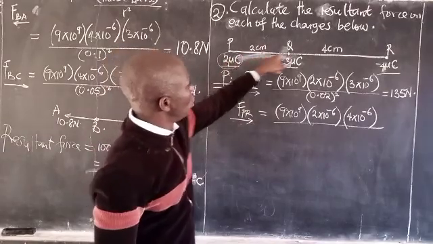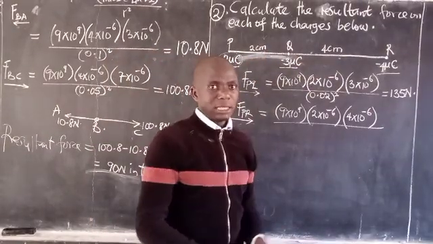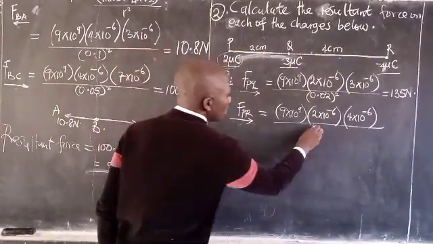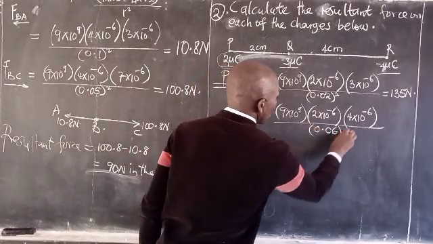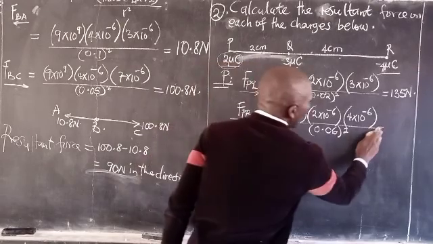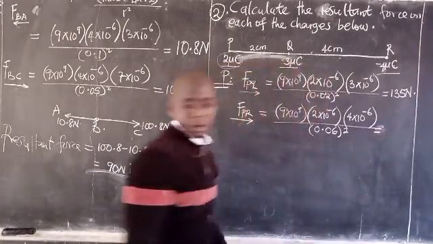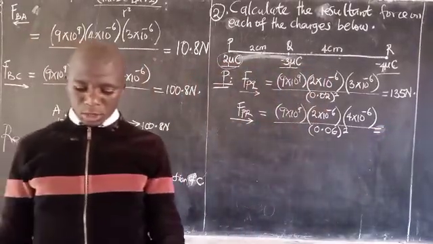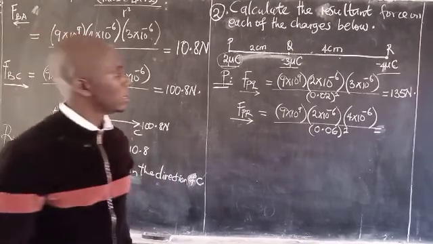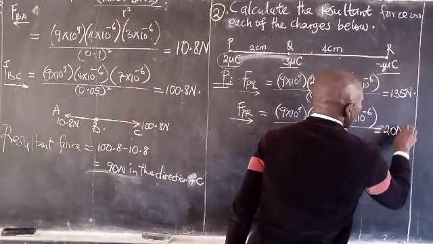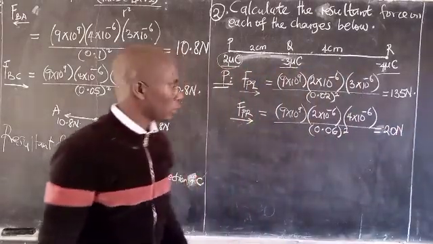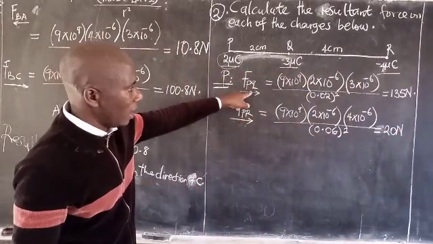From here to here is 2, this is 4, meaning this is 6 centimeters. So this becomes 0.06 squared. And when you press this on your calculator, you are supposed to get 20 newtons. In which direction? It is shown here.